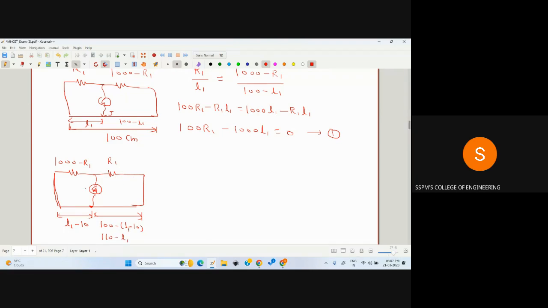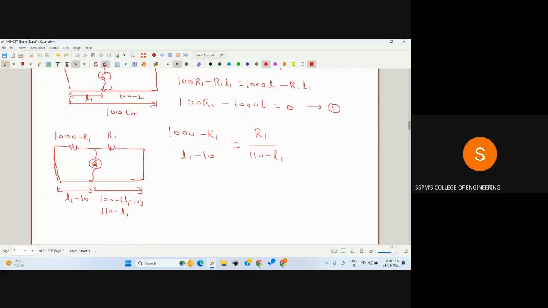And apply the condition for balance, it becomes 1000 minus R1 divided by L1 minus 10 is equal to R1 divided by 110 minus L1. Then take cross multiplication.